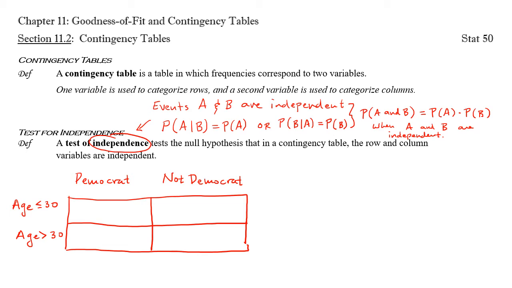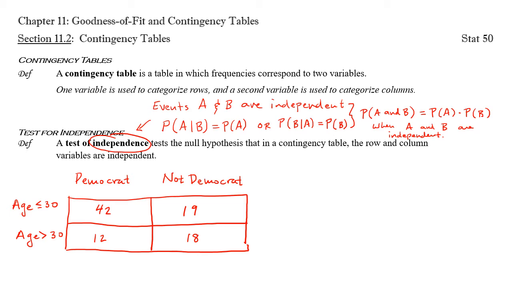Now let's say I sample a group of people, and I get the following values. In this sample, we had 42 that were both Democrat and under the age of 30.